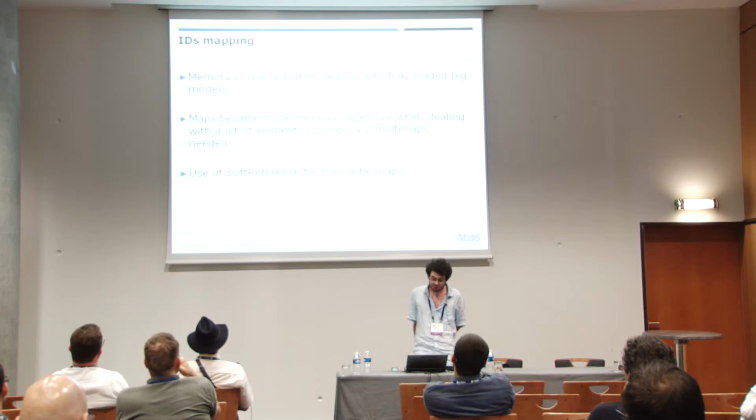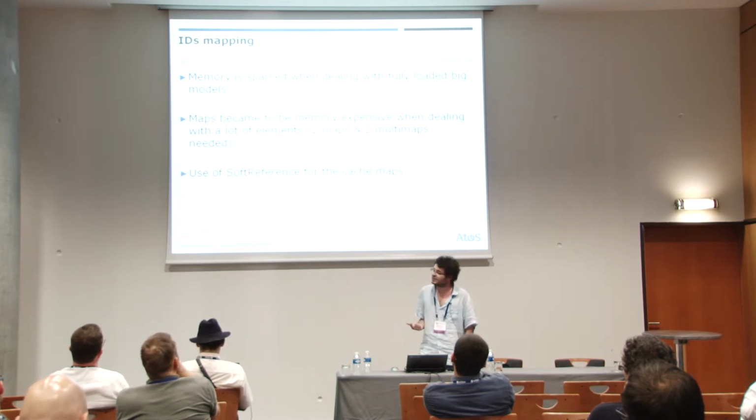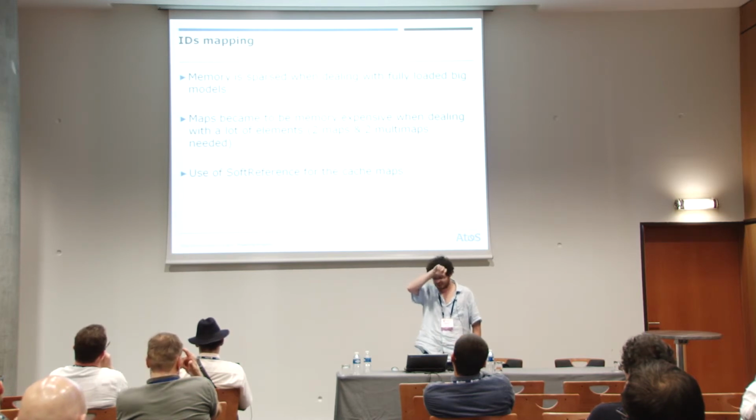Usually in our software, we need to load a big model 3 times because with a three-way merge, you need the target, the referential, and the ancestor. So 3 models plus the various mapping tables needed.